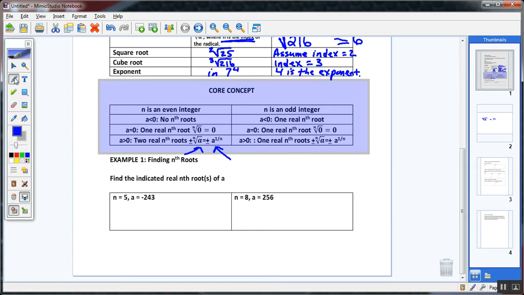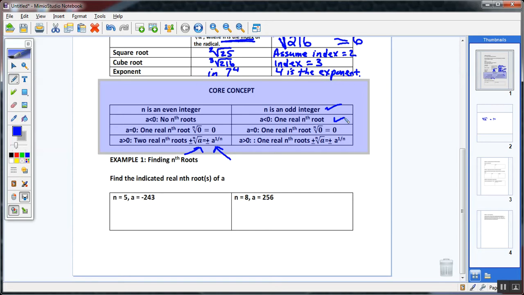Take a look at your index right here. Is this odd or even? It's odd. So we have an odd integer right here, and a is less than 0. How many real roots are we going to come up with? It says just 1. There's going to be just one answer to this.